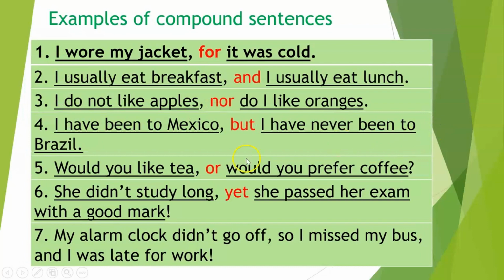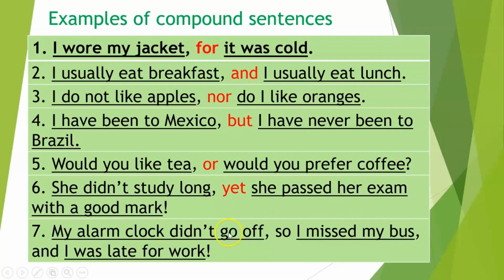Number 6, she didn't study long. She passed her exam with a good mark. Again, here we have an independent clause with a comma and a conjunction. And finally, number 7.